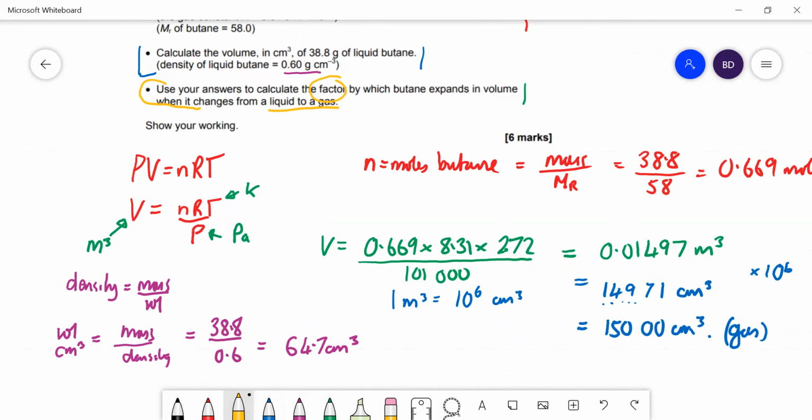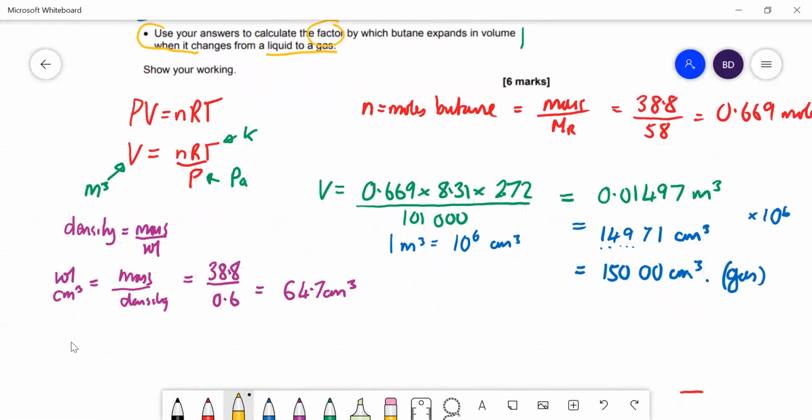Okay, so the factor is going to be equal to the volume of the gas, which is really big, in centimeters cubed, divided by the volume of the liquid, also in centimeters cubed, in the same unit.